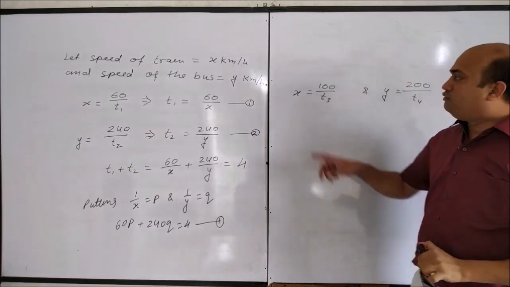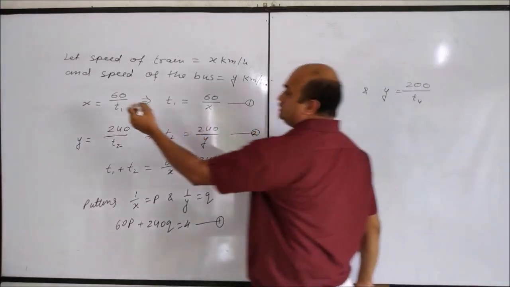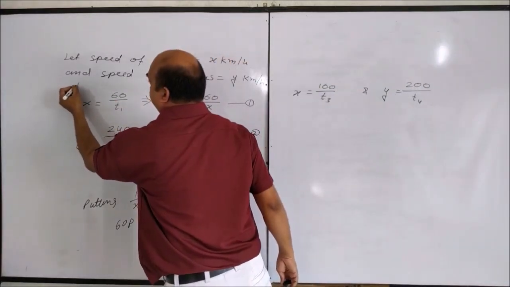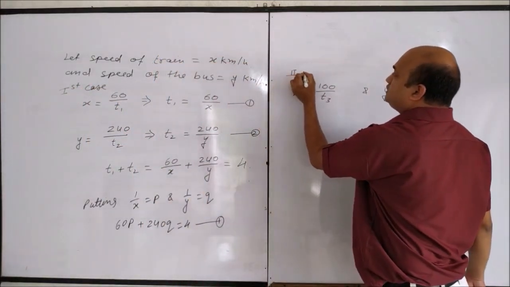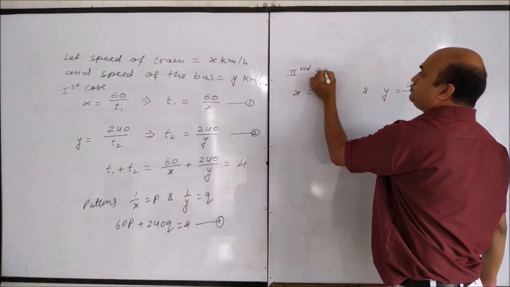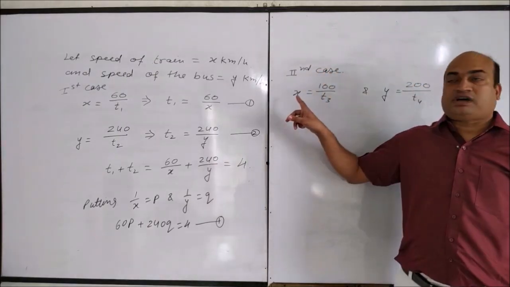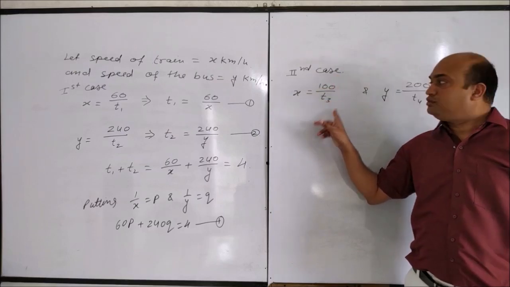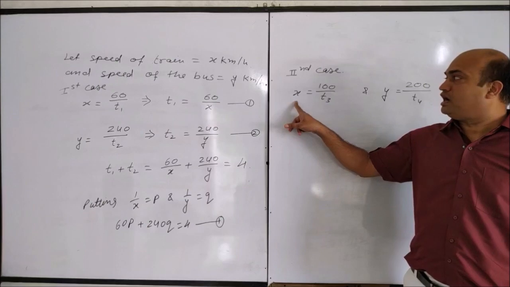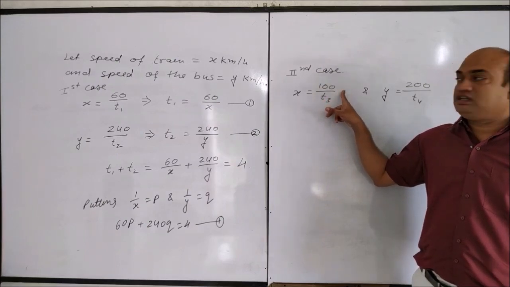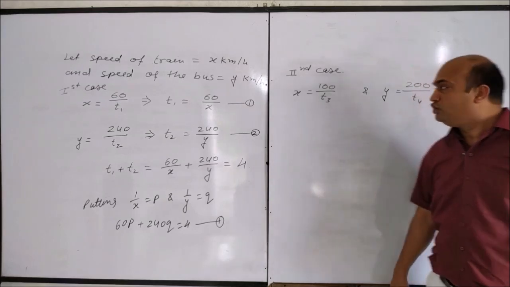You see, we apply speed equal to distance upon time. This is the first case and this is the second case. In the second case, the speed of the train is the same, x kilometer per hour. She traveled 100 kilometers and she required T3 hours time, we considered.